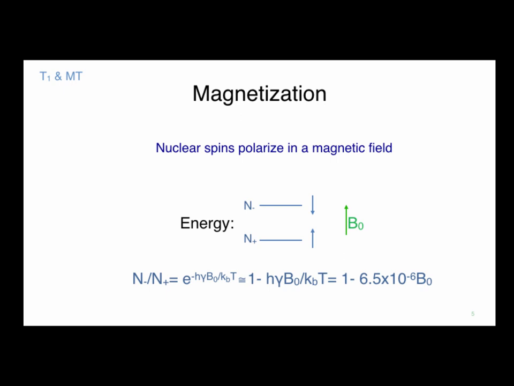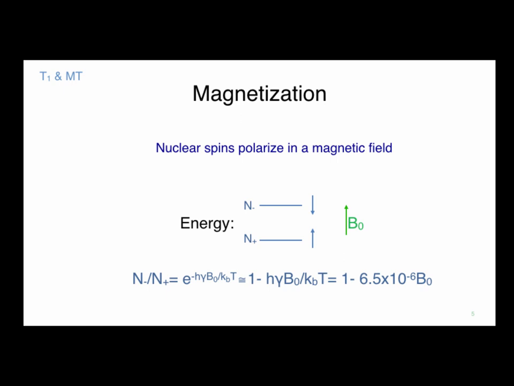The amplitude of this magnetization is pretty small, since the energy difference is tiny compared to the thermal energy at room temperature. So even at a 1 Tesla magnet, which seems fairly strong compared to the normal magnetic fields you encounter in daily life, you end up with only about 1 in a million population difference.